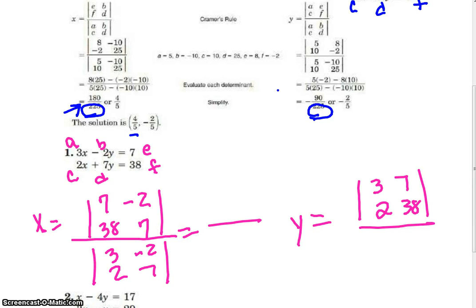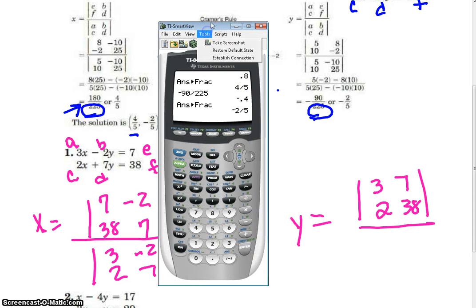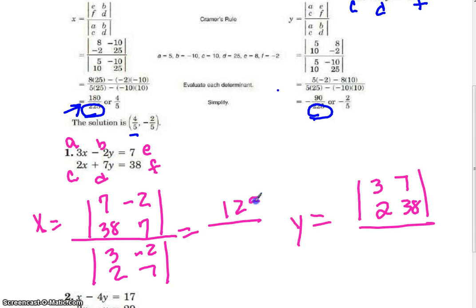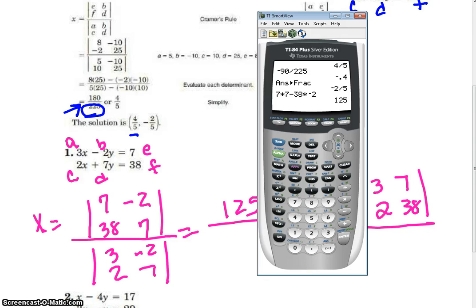So on the top, you're going to say 7 times 7 minus 38 times negative 2, and you get 125. On the bottom, you're going to say 3 times 7 minus 2 times negative 2, and you get 25.